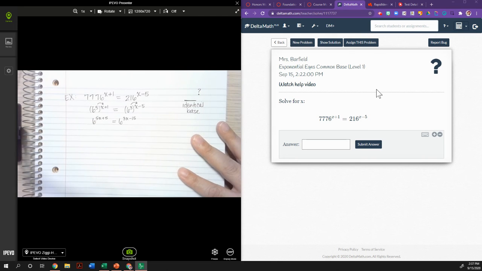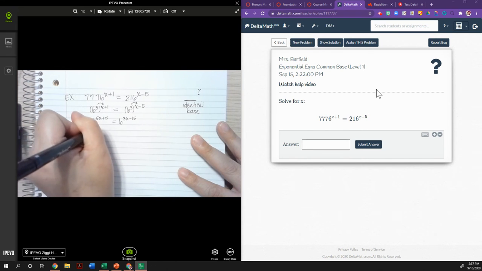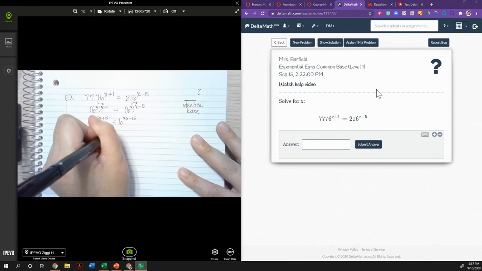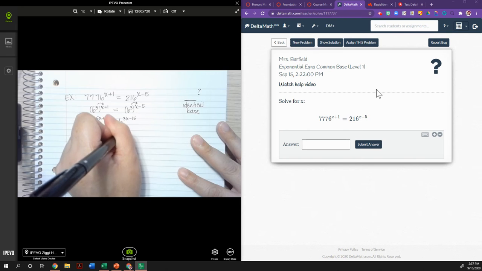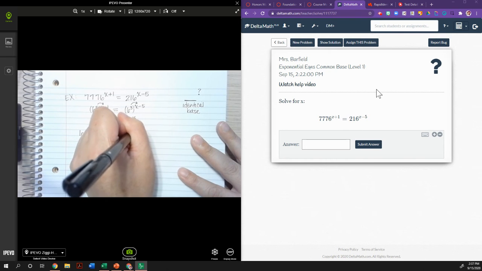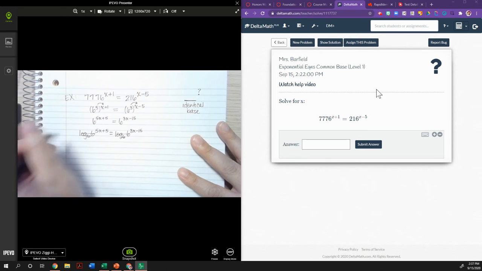But what happens is that we start to skip this step. So if I were to take the log base 6 of 6 to the 5x plus 5 equals log base 6 of 6 to the 3x minus 15, well, that cancels.